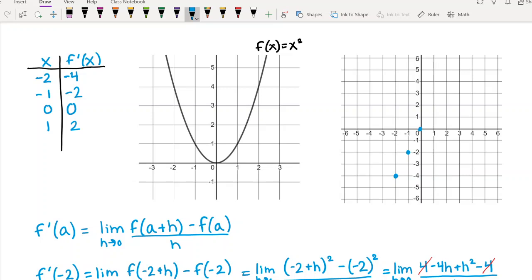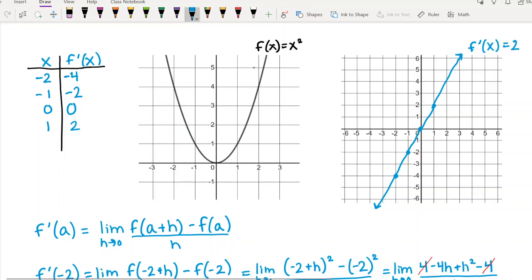And at 1, we had 2. And so if we connect these, we can start to see that it is a line, right? And it turns out, and we'll see this for sure in a little bit, that if you stitch together all of these derivative values, you're going to end up with a function that is just the function 2x.